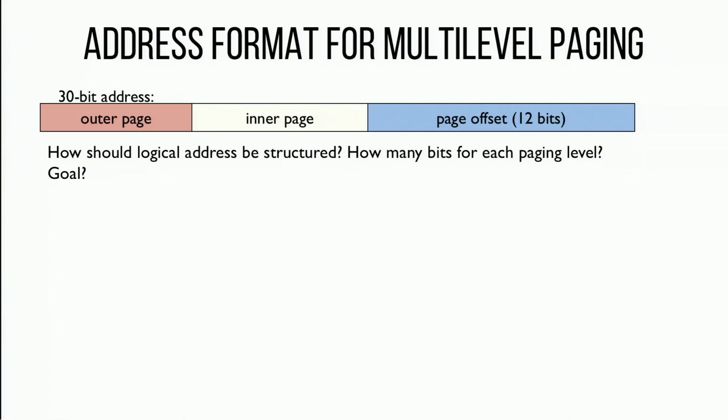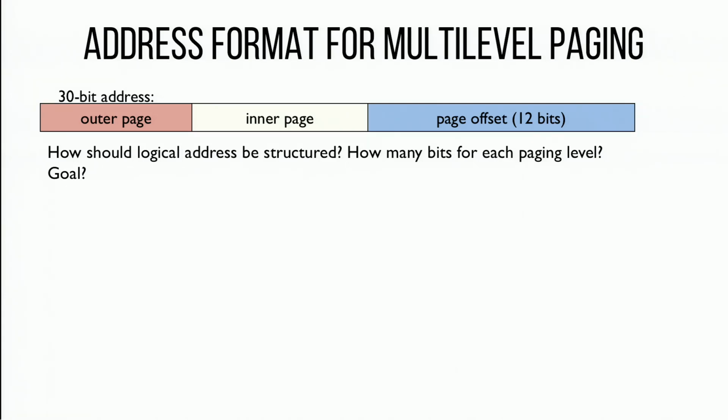So let's assume we have a 30-bit address, 12-bit page offsets, or 4 kilobyte pages. How should we structure this so that the page tables that we're indexing with these bits, the inner page bits, will fit within a page?